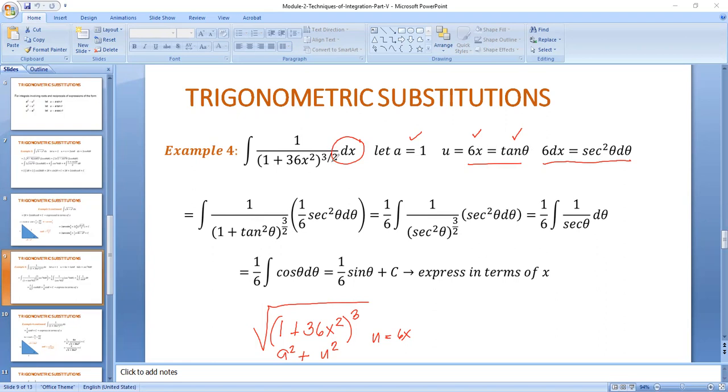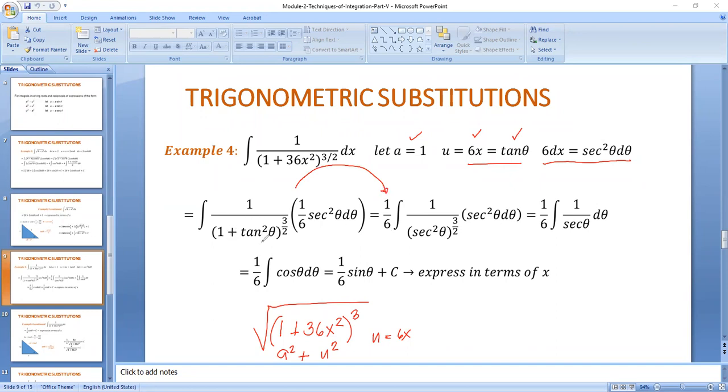And since it's raised here to 3/2, you also raise this one to 3/2. Now, your dx is to be taken from here. You just transfer the 6 in the denominator of secant squared theta d theta. So that's the purpose of this constant 1/6, which is now written here before your integral.